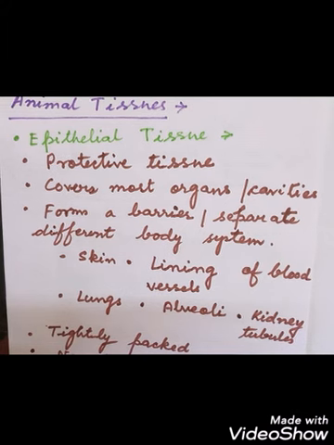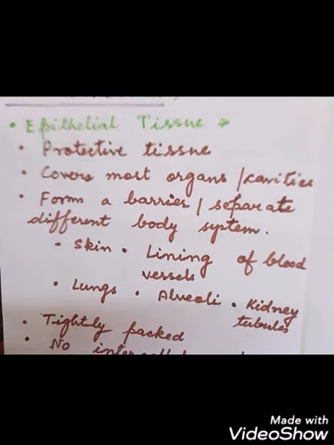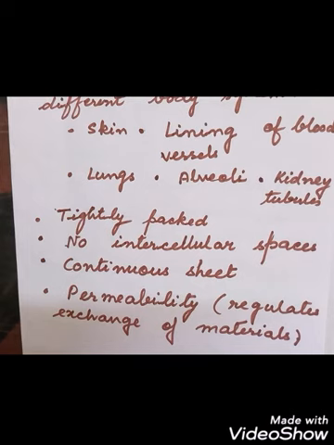What is the nature of the tissues that we can see here now? Tightly packed, and there are very less or no intercellular spaces in between. So anything that wants to enter the inner part of the body should cross through the epithelial cells.